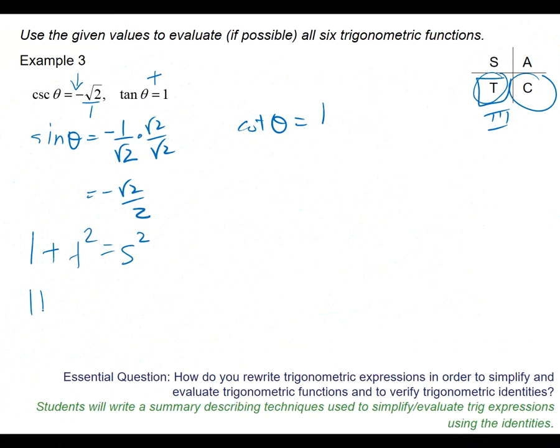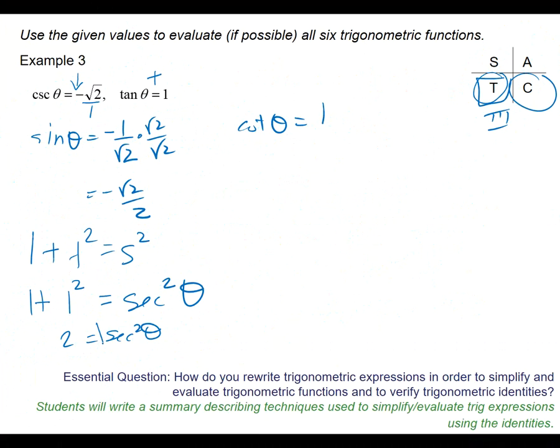So 1 plus, what's my tangent value? 1 squared. See how nice that is? Equals secant squared theta. Let the laziness set in. It's okay. We want the path of least resistance to get to the right answer. What's 1 squared plus 1? 2. How do I undo the square?